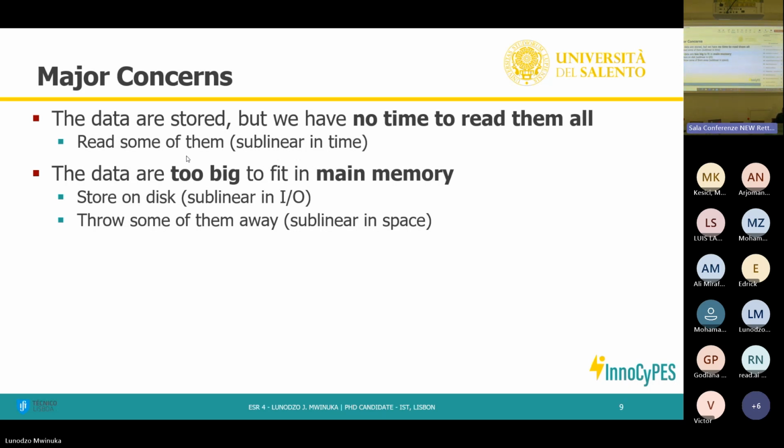Another aspect is that data are too big to fit in main memory. And because we cannot store the data in main memory, we are forced to opt for storage, to store them on a disk. Now, when you store the data on disk, there is an aspect of input and output costs, because you need to consider the cost of writing the data to disk and also reading data from the disk.